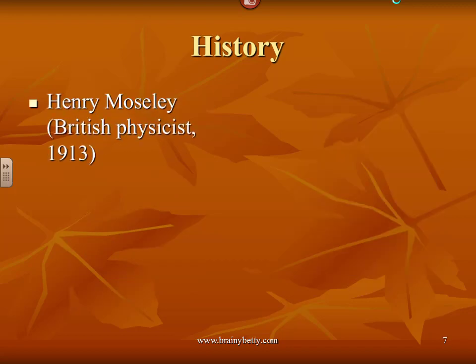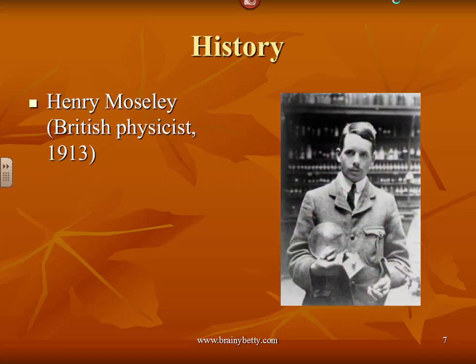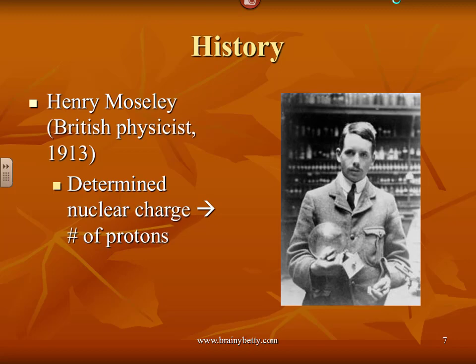Fast forward a little bit, about 15 years this time. Henry Moseley was a British physicist, and I believe he died in the First World War, which would have been right after this discovery. He's responsible for determining the nuclear charge.